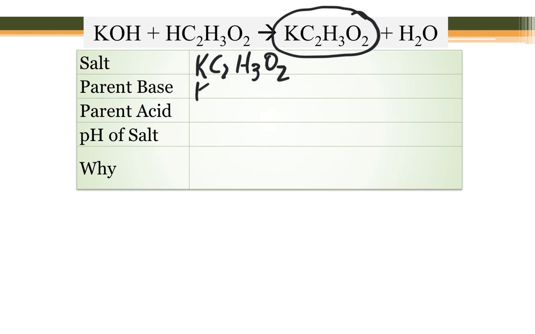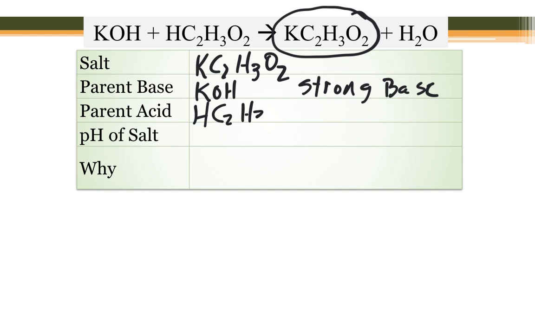The parent base here is KOH, which, as you know, I hope, is a strong base because it's got hydroxide in it. The parent acid is acetic acid, HC2H3O2, which is a weak acid. So the pH of this salt will actually be basic.